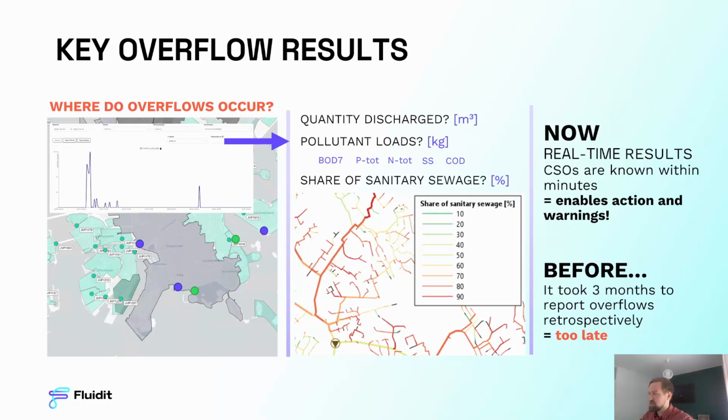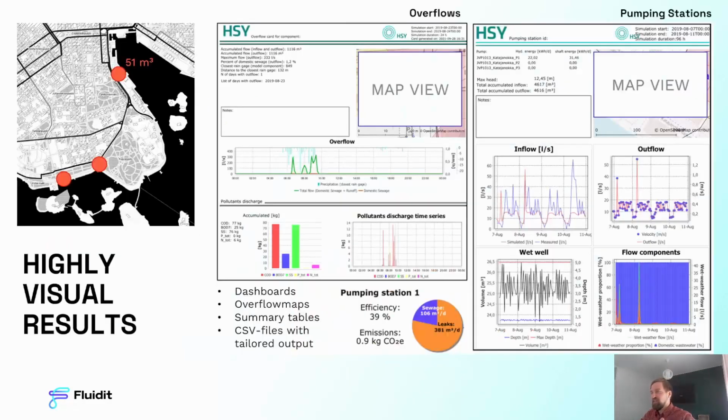Well, how the results are often used is, again, another thing. So we provide many highly visual results to HSY. They could be, for example, these kinds of dashboards where we collate some key information from the overflow locations, like on this graph in the middle, the overflow card. There we can always refer the overflows to the precipitation to make sure they are making sense.